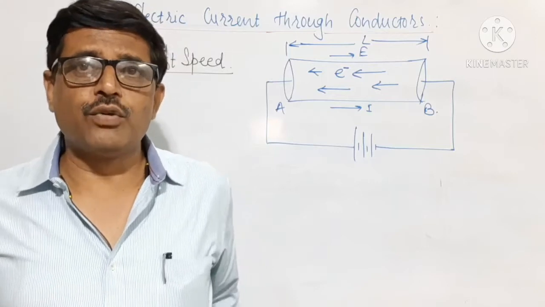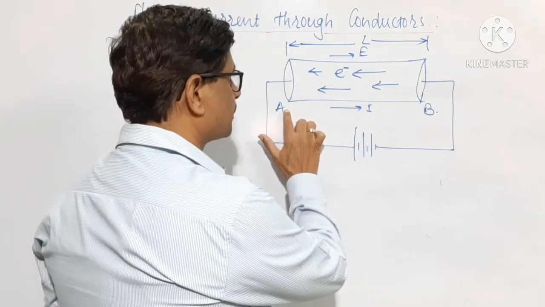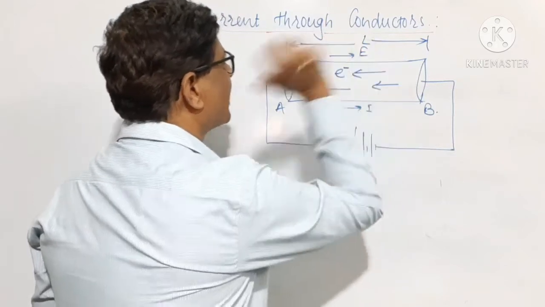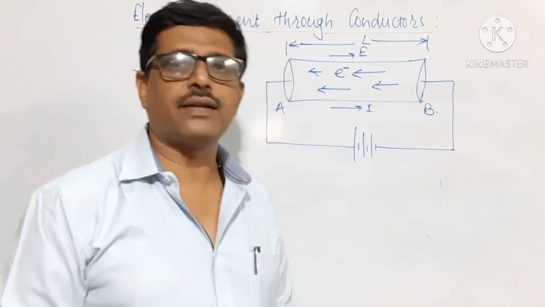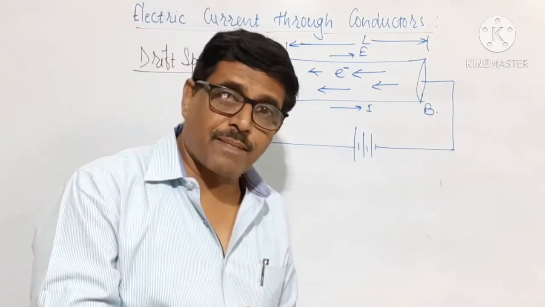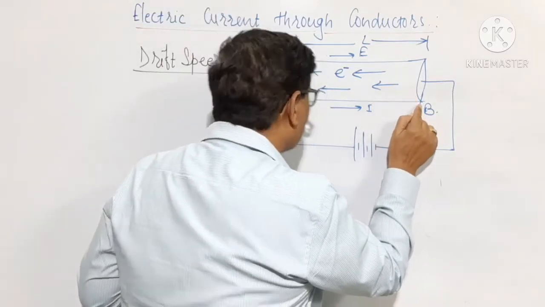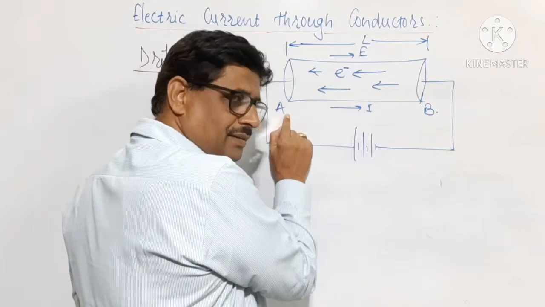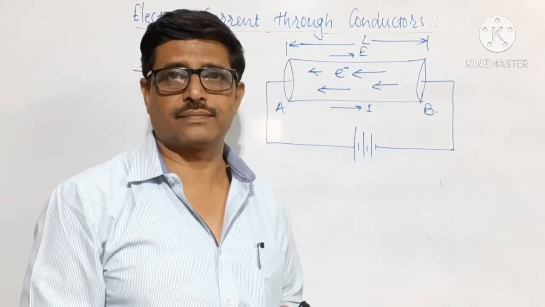For that, let us consider there is a conductor, a metal conductor AB whose length is L. L is the length of the metal conductor. Let the time required by an electron to move from end B to end A be t.